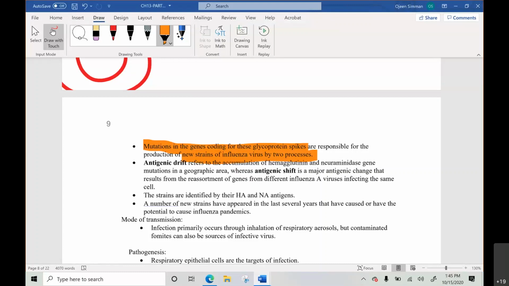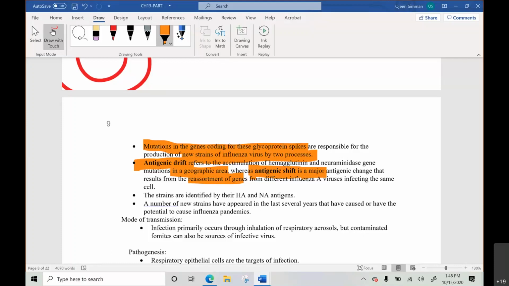So there are 2 important concepts here. One is called antigenic drift. This refers to accumulation of hemagglutinin and neuraminidase gene mutations in a specific geographic area, whereas antigenic shift is a major antigenic change. This results from genetic reassortment of different types of influenza viruses infecting the same cell.